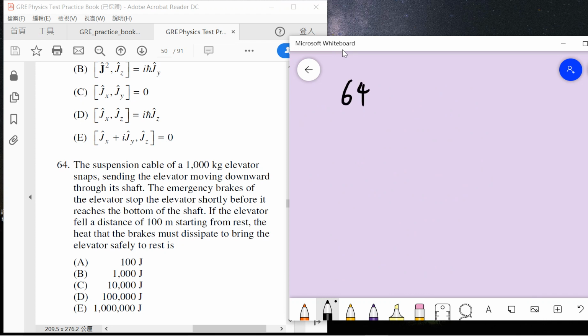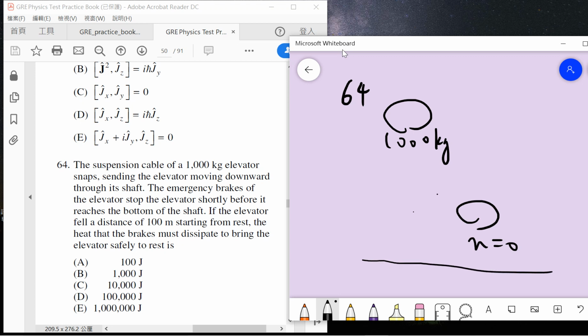So you say there's a cable elevator moving downwards through the shaft. The emergency brakes stop the elevator shortly before it reaches the bottom. So when it reaches the bottom, there's no velocity, and the height is 100 meters. It asks how much heat the brakes must dissipate to bring the elevator safely to rest.